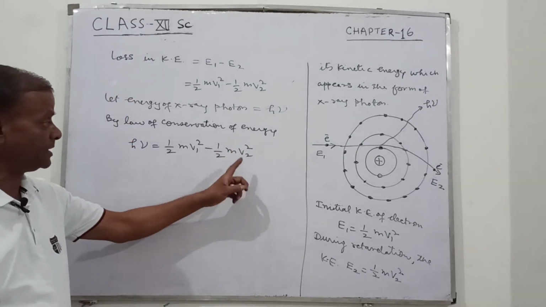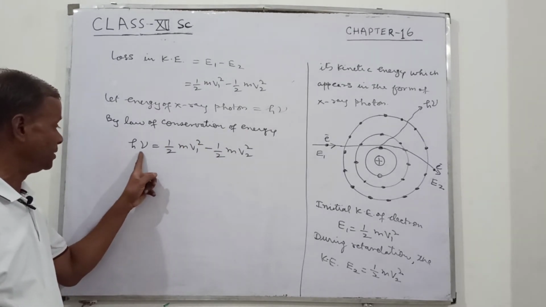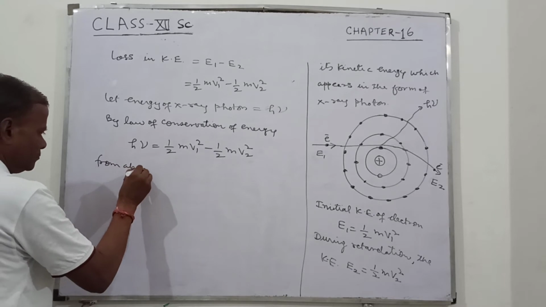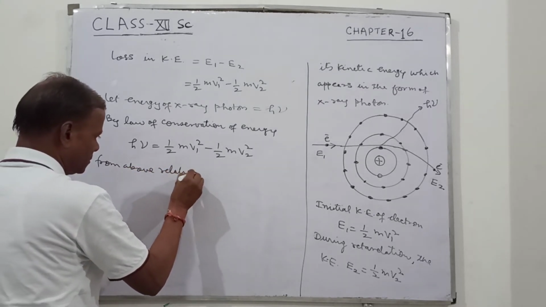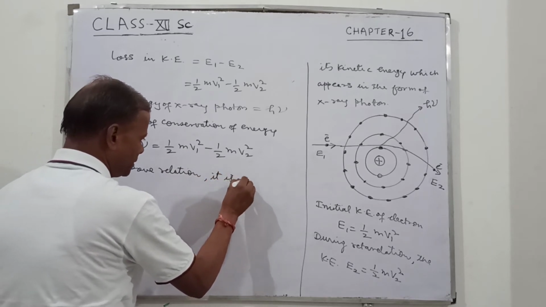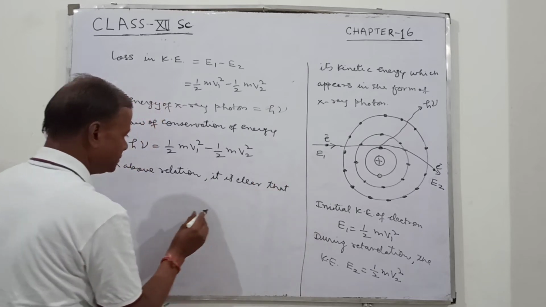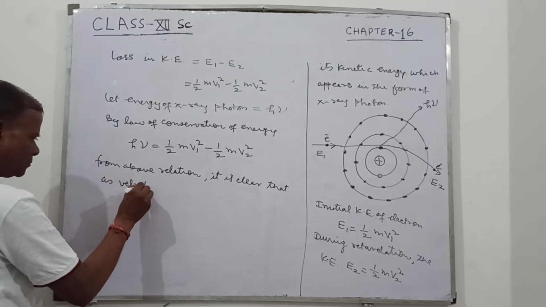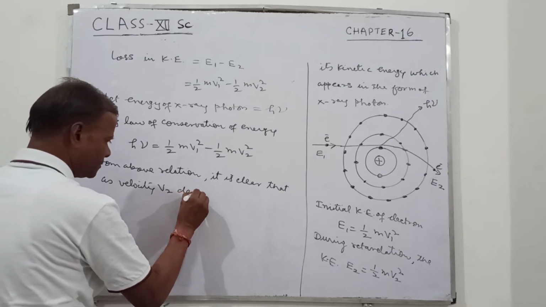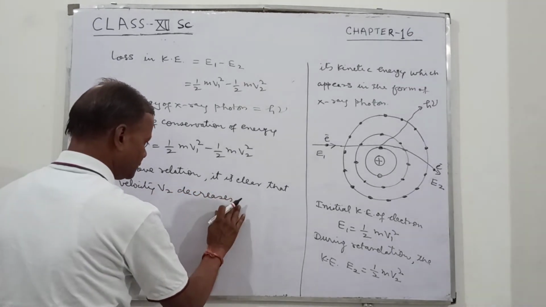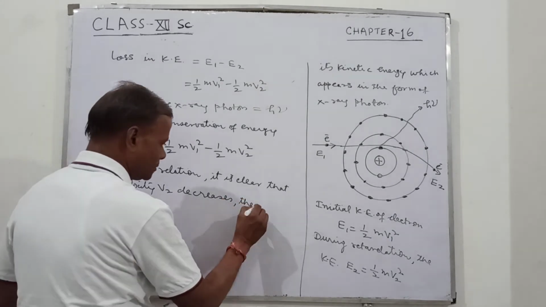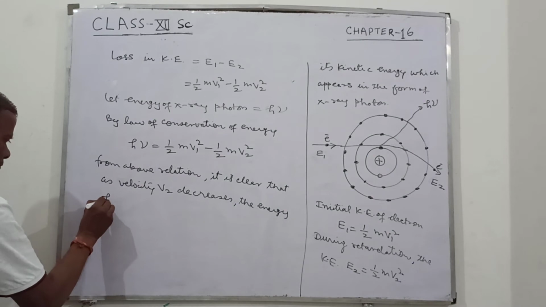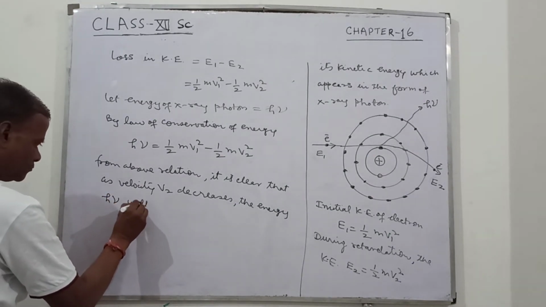From this equation you can see that as the velocity v2 decreases, the energy h nu will increase.